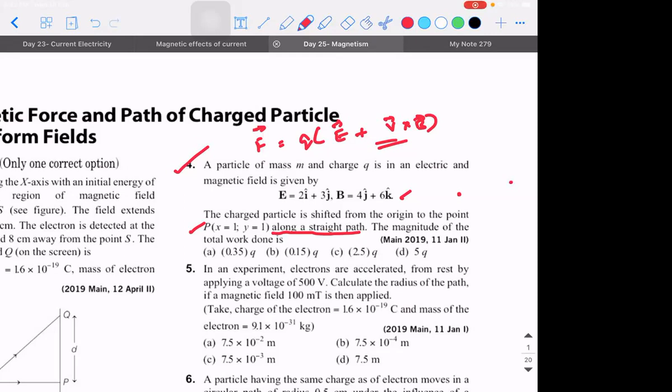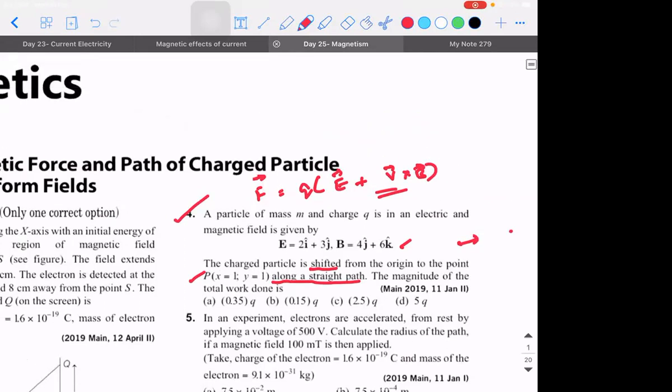There are some ambiguities, but shifted means it can either be moved very fast. Fast in the sense the particle has accelerated. Accelerated, it has experienced force. And another thing, electric field is confined to which plane? It is confined to the xy plane.